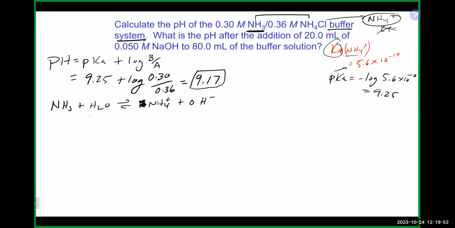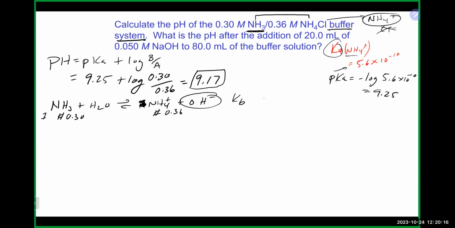And once again, you would need a number here and a number here, which obviously would be our 0.3 and our 0.36. If you did this one, though, you would need to use the Kb value for NH3. And as I think was your question earlier, you would get the OH minus concentration when you solve for x, which will get you to the pOH and then to the pH.